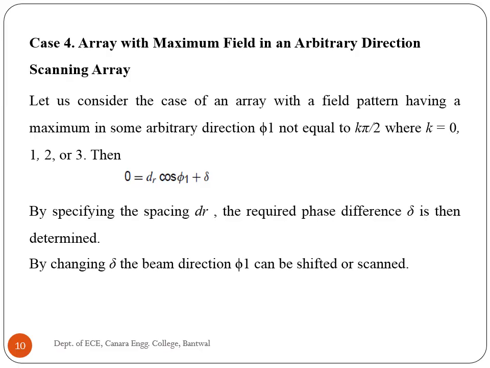Then xi equal to 0, which is equal to dr cos phi 1 plus delta. By specifying the spacing dr, the required phase difference delta is then determined. By changing delta, the beam direction phi 1 can be shifted or scanned.